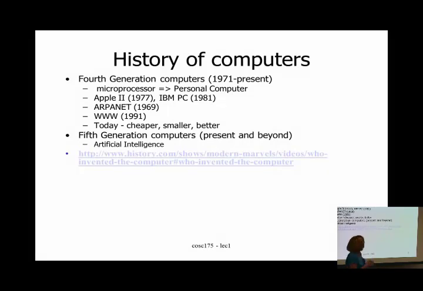Okay? Now we have two main types of personal computers which still pretty much exist today, which are the Apple type computer and the IBM or IBM compatible. We kind of call that a PC. So we still have these two families of computers. So this has been some of the history of what has happened in computers.